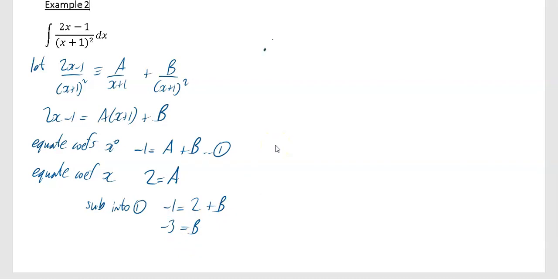So therefore our integral becomes, I'll call that I just to make it a wee bit clearer. So therefore I is now going to be equal to the integral. My a was 2, so it was 2 over x plus 1, then minus 3 over x plus 1 squared.